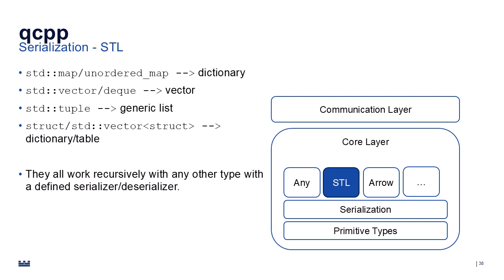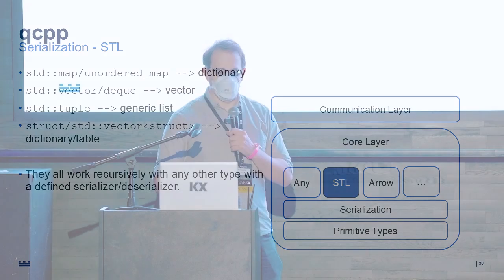So if you have an std::map, a vector, or whatever, you can send it directly to Q, and the library knows what to do with it and will transparently send it over. This all works recursively, so if you have nested structures, it all gets converted to Q correctly. Again, very convenient.